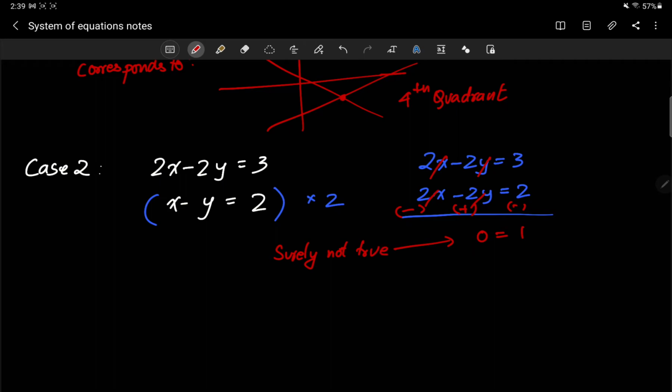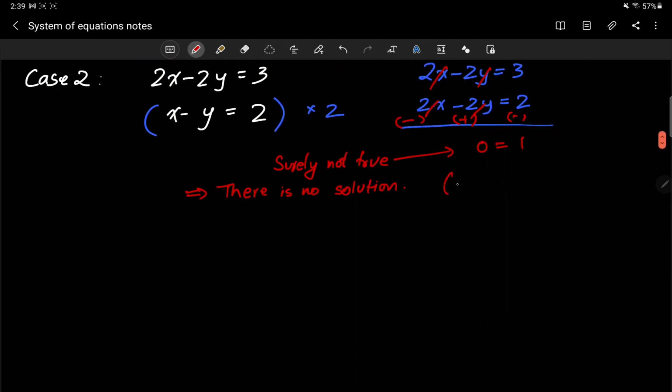So you end up with something that does not make sense. So what we say is that there is no solution. And as a picture, this corresponds to parallel lines.